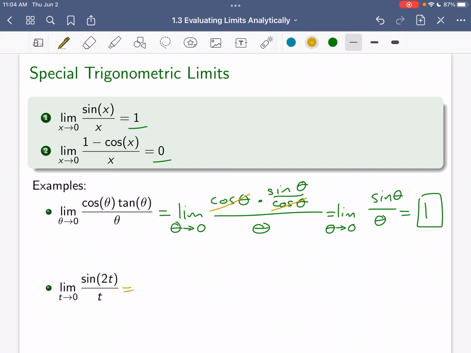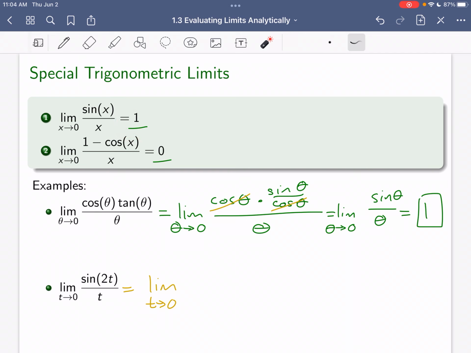In the second one, we have the limit as t approaches 0 of sine of 2t over t. If we tried direct substitution, we get 0 over 0. Now you might be tempted to say, oh, this limit is just going to be 1.